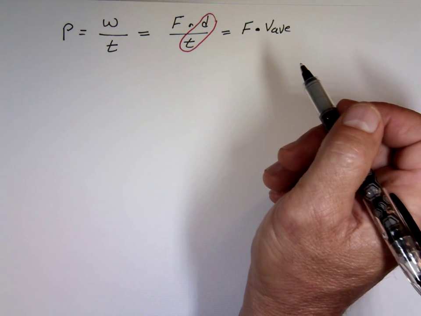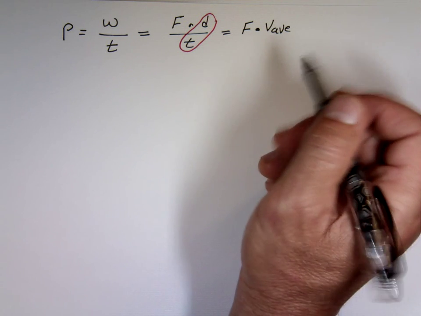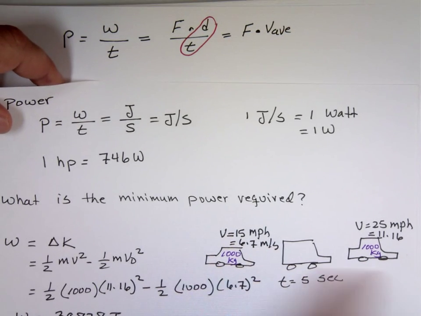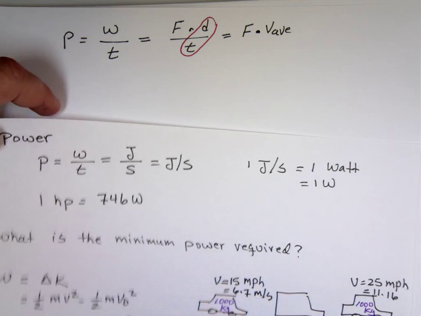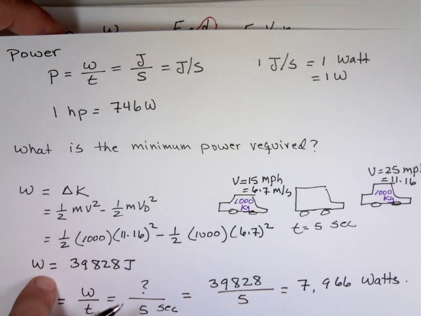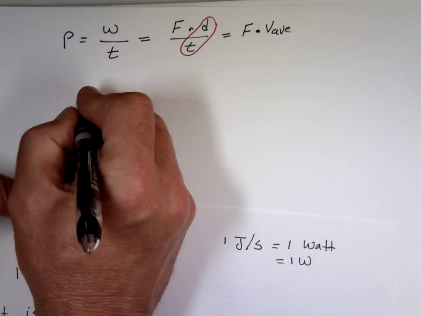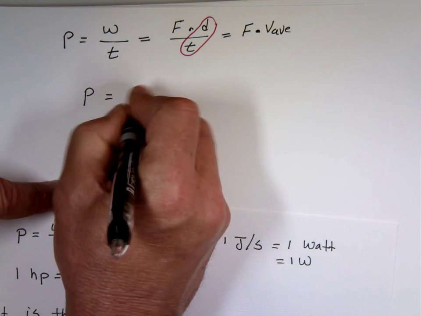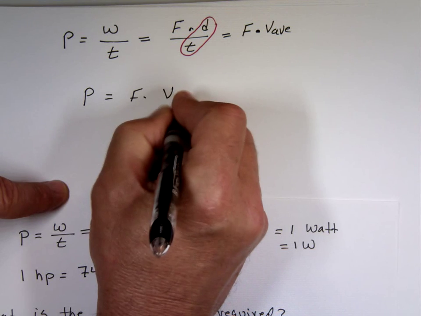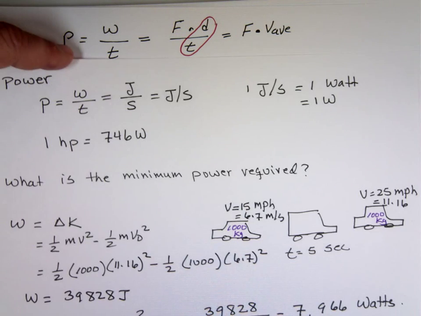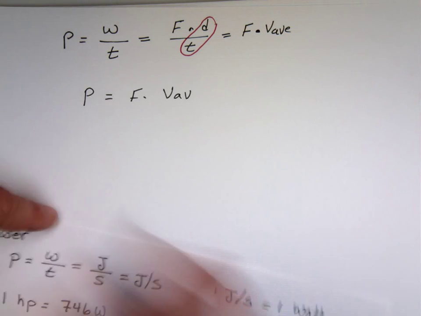So if we go back to this car trying to pass, we can calculate the force if we want to, because we know what the power is. We calculated that power. Power equals force times V average. For the car here, the power was 7966.